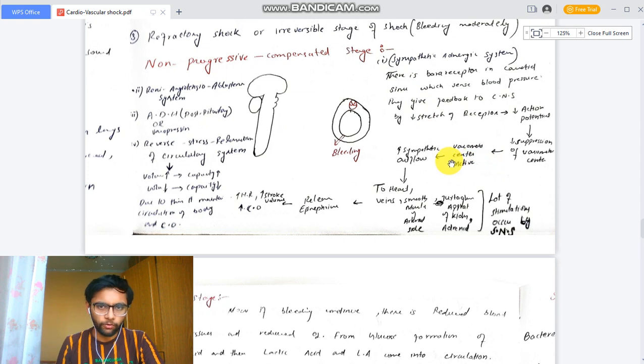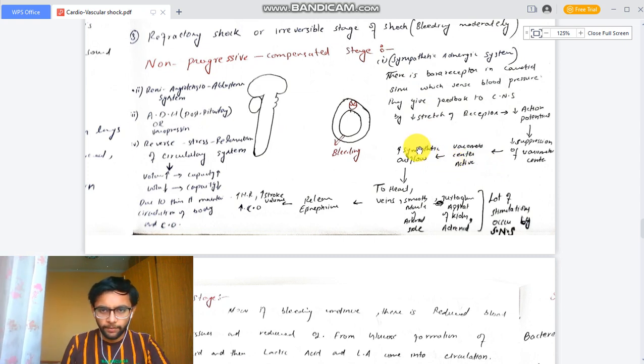Increased sympathetic outflow makes the heart, veins, and smooth muscles contract, and stimulates the juxtaglomerular apparatus of the kidney and the adrenal gland to release aldosterone to absorb more and more water. These are the other actions of the sympathetic nervous system to maintain blood circulation.